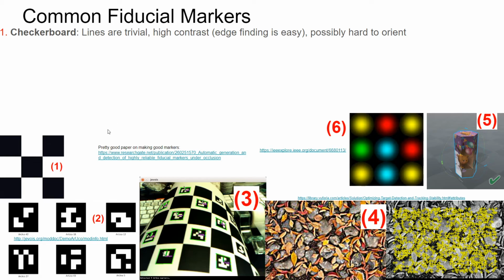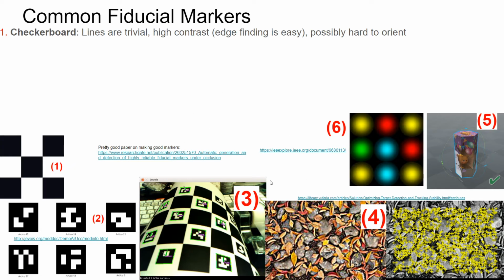The problem with checkerboards is that they can be hard to orient. Like for example, with this checkerboard, you can rotate this. As we know in game engines or any of these other 3D softwares, these things do actually have orientation. So this checkerboard can be oriented in four different ways and still look the same. If you rotate this 90 degrees or 180 or 270, it'll look the same as the original pose.